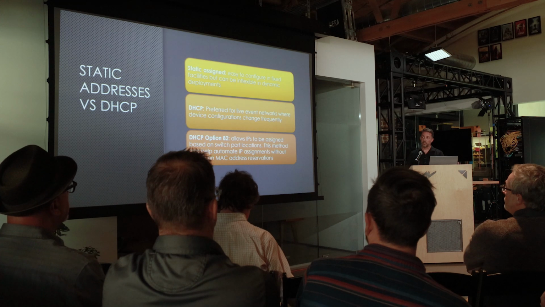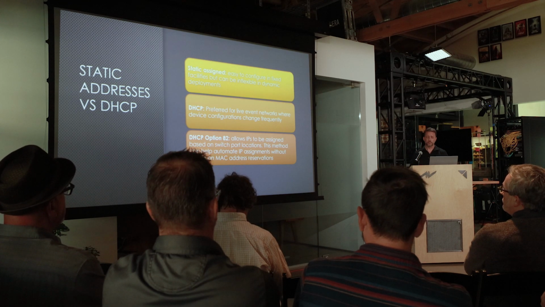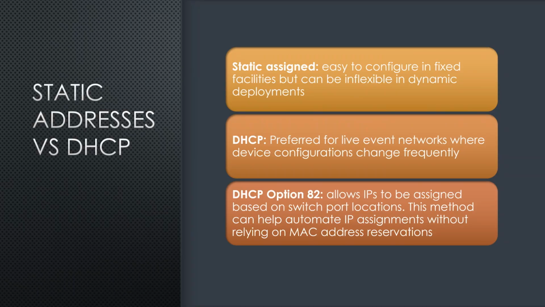As you get out of the layer 2 domain and into the layer 3 domain, you have to have some additional consideration for your DHCP scheme. In a fixed broadcast facility, creating a scheme for static IPs for either layer 2 or layer 3 is really straightforward because the devices tend not to move around. However, in a live event environment, static IPs can become challenging, as the devices need to move around the network for each deployment. There are a couple of strategies that you can implement within DHCP to manage this.